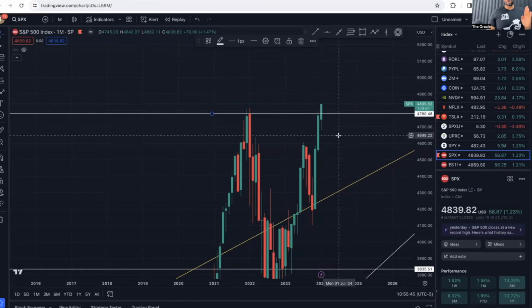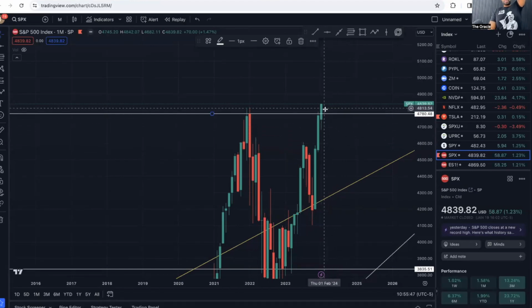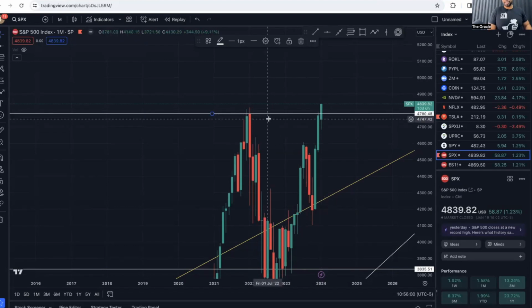So although this candle looks like it's getting ready to close above this, we have to be careful and say, whoa. I need to see you close. So I'm not going long or buying this until I see you close above this resistance, because right now that is still resistance until the month is over.